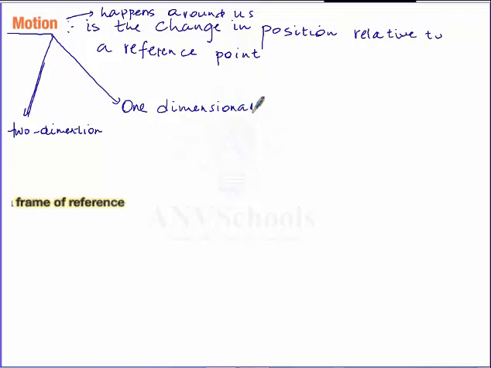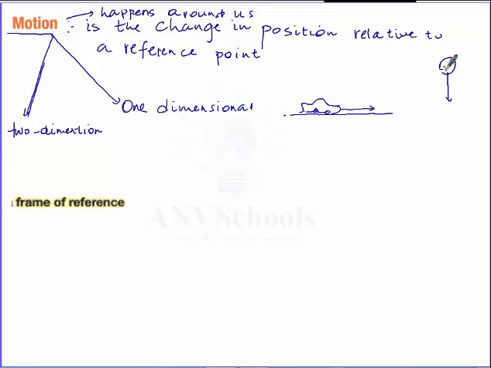For example, a car moving along a straight line. If the car is going to the right, this kind of motion is called one-dimensional motion. Or a ball moving vertically downward is also one-dimensional motion.